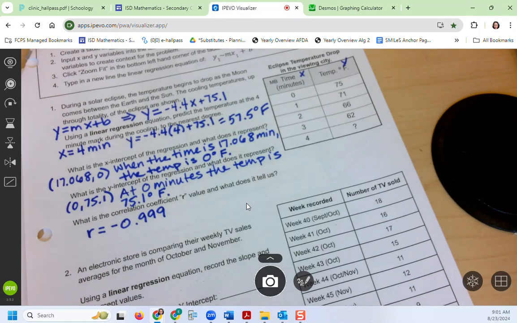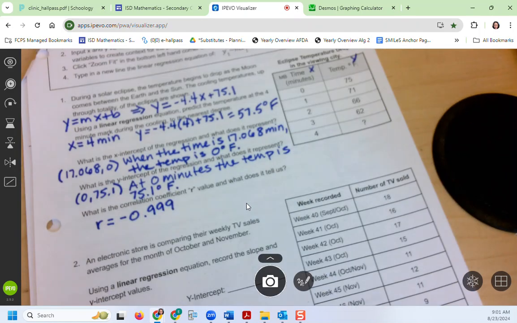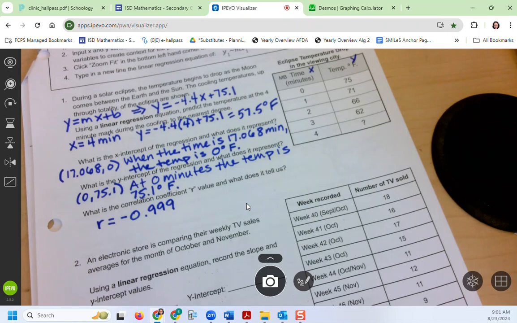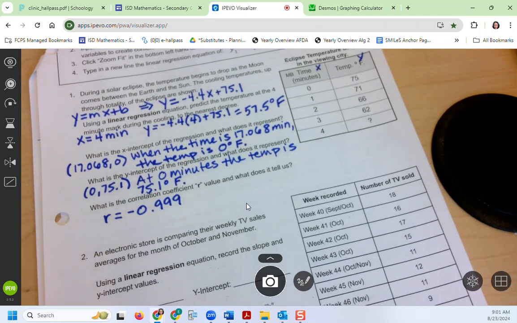All right, here's the easy part. The R tells us if it's a positive correlation or a negative correlation. Is it a positive or a negative correlation? It's negative because the number is negative. That's so easy, right? Negative number, negative correlation. Now, if it's close to 0, it's weak. If it's close to +1 or -1, it's strong.